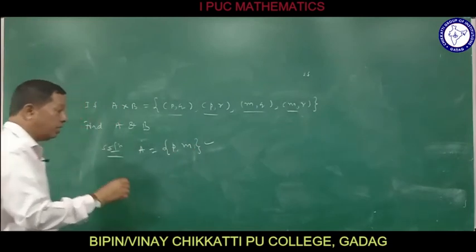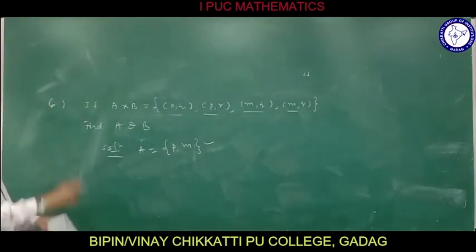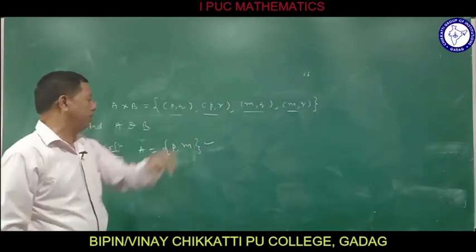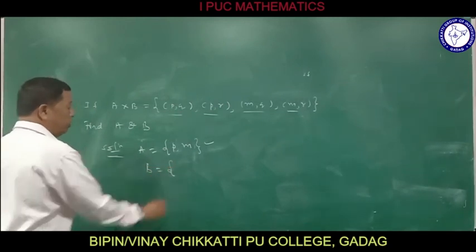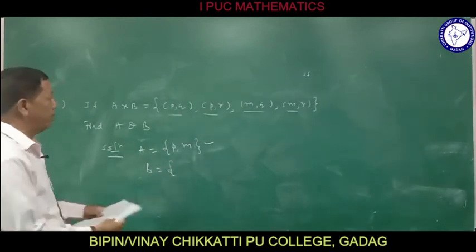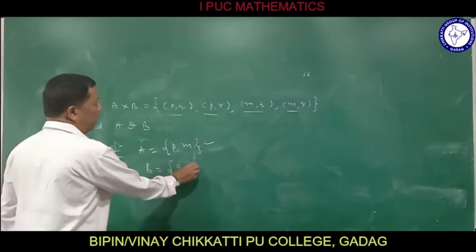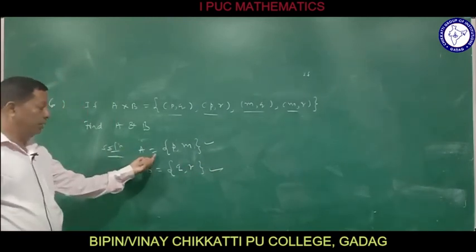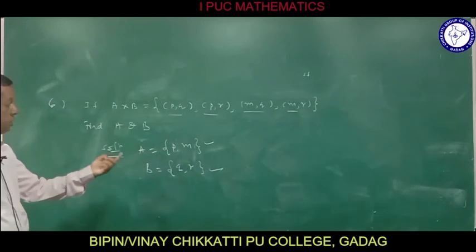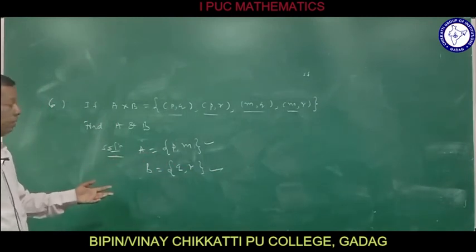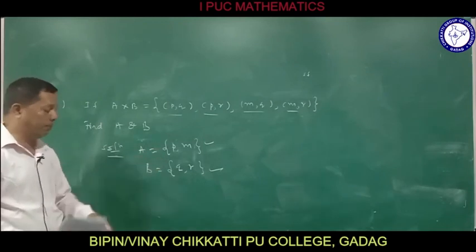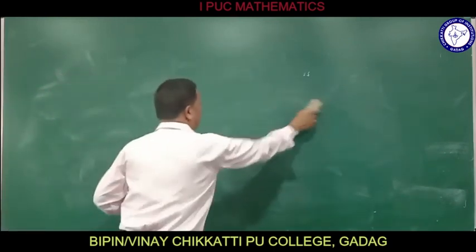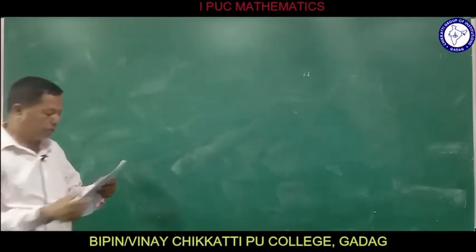A is the set of all distinct first elements, not repeated, and B is the set of all distinct second elements. Second elements are Q and R, only these. So A is the set of all distinct first elements, {P, M}, and B is the set of all distinct second elements, {Q, R}. And this is the last problem, and that completes this part of the discussion.